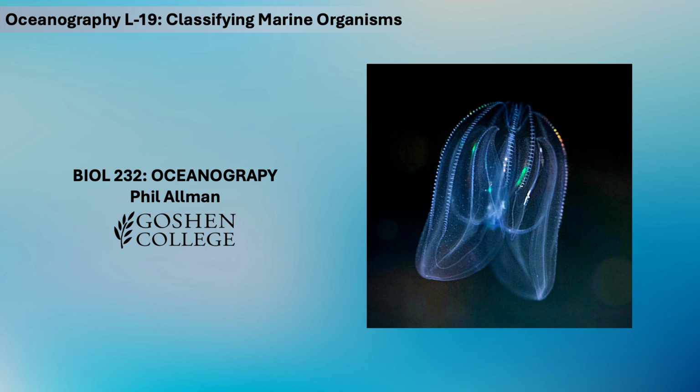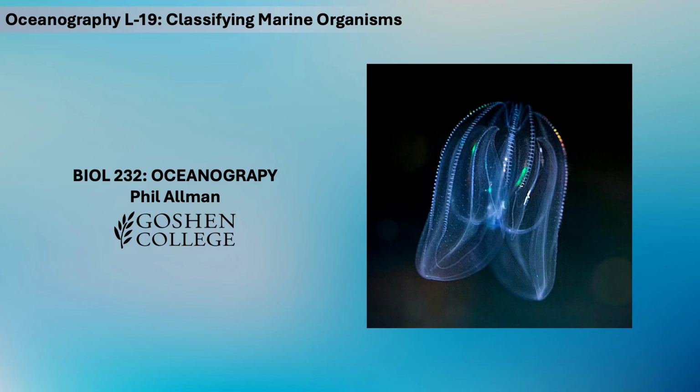Today, we begin a new unit that shifts our focus from the physical structure and motion of the ocean to the organisms that live within it. In the previous units, we explored how the ocean formed, how the seafloor is structured, and how water moves through processes like waves, tides, and circulation.